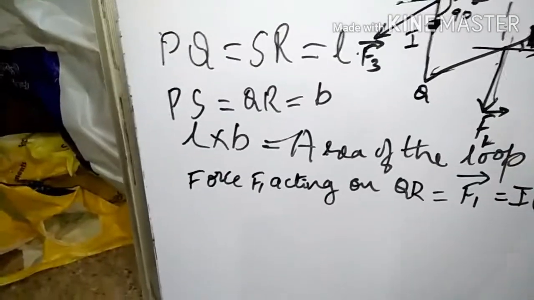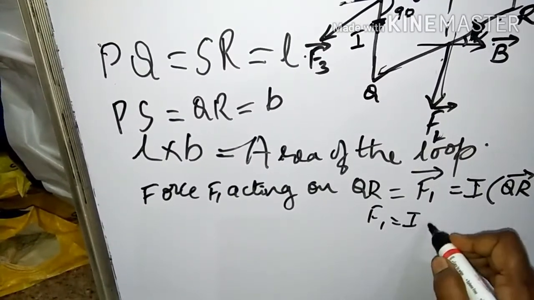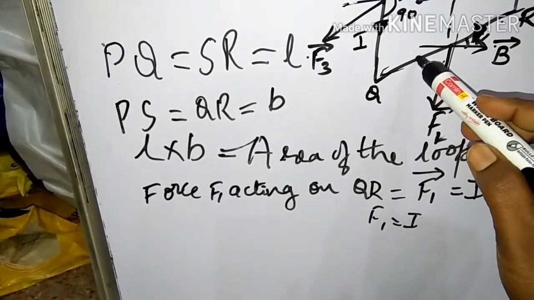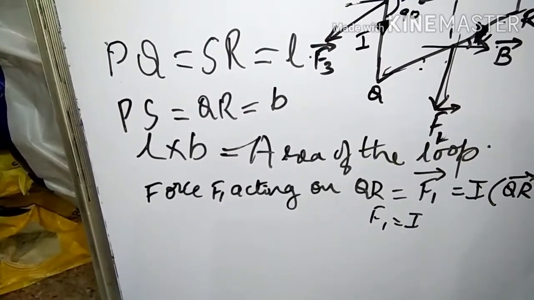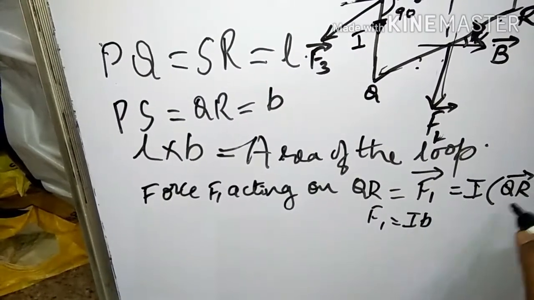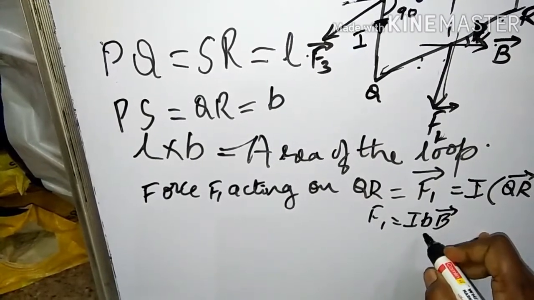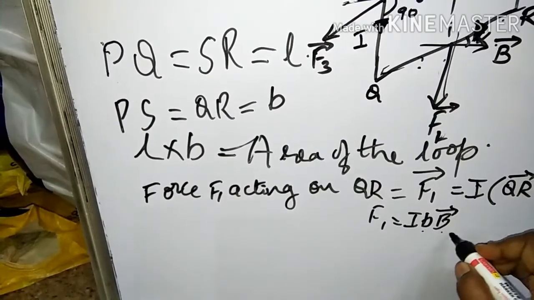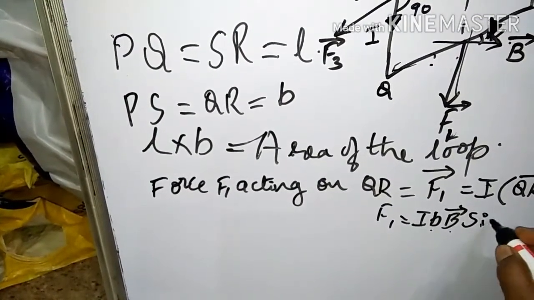Now from this, F1 is equal to I. I told you QR and PS are the breadth, therefore F1 equals I b B sine alpha. Don't confuse small b and capital B: small b is the breadth and capital B is the magnetic field, and sine alpha, as there is a cross product.